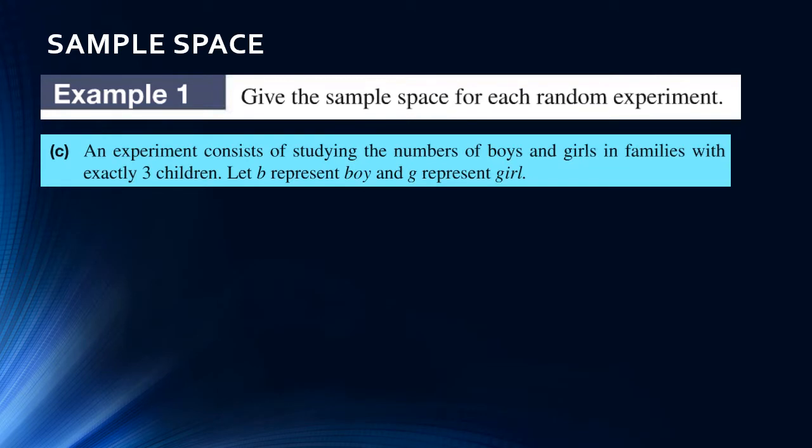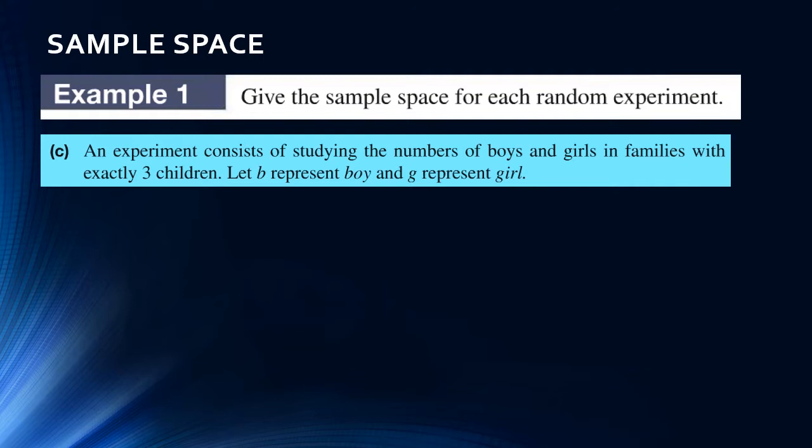Give the sample space for each random experiment. We're continuing this. An experiment consists of studying the numbers of boys and girls in families with exactly 3 children. Let B represent boy and G represent girl. Now we have 3 kids in the family. So it gets a little complicated because the first kid can be either a boy or girl.